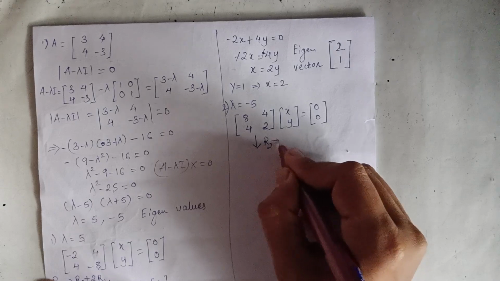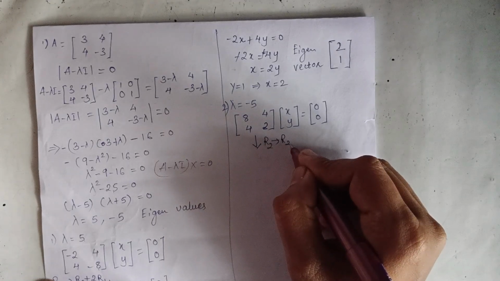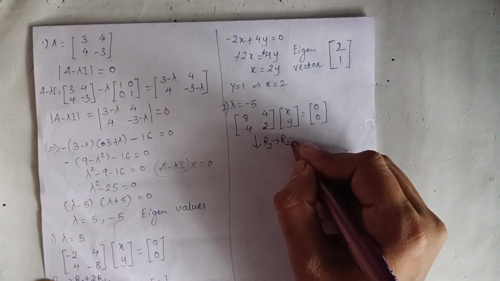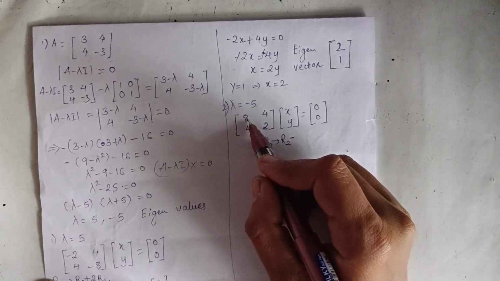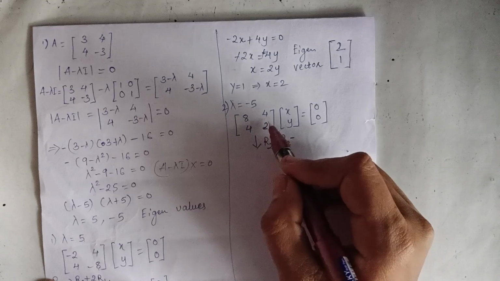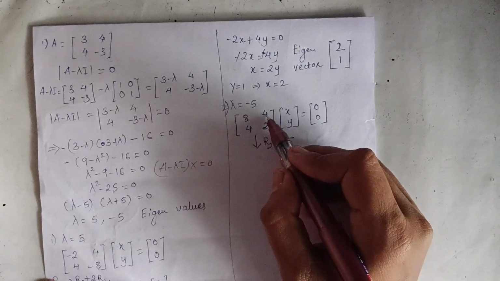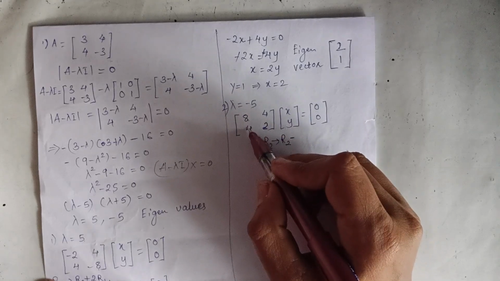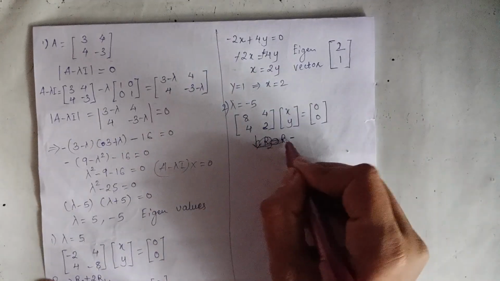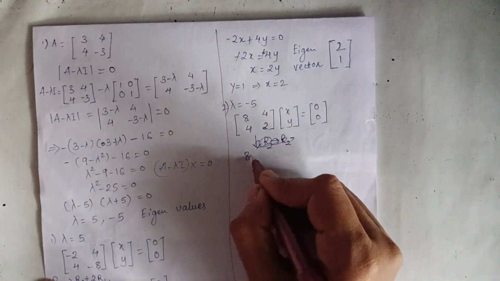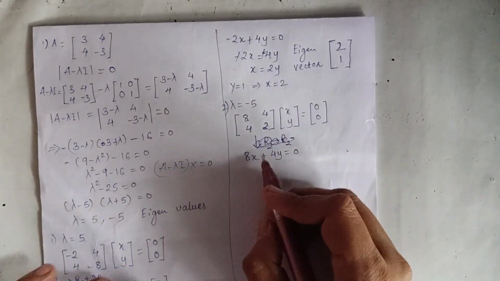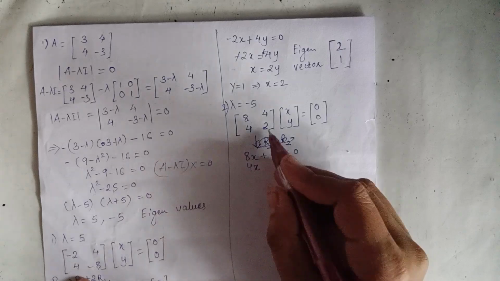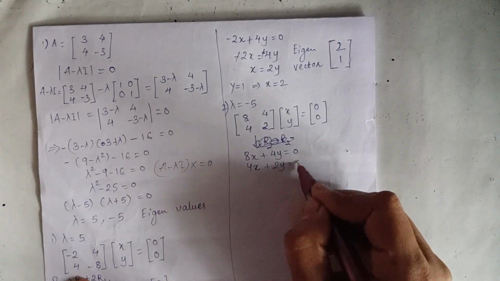R2 changes to R2. This will be 4 minus 8, you will get minus 4. Okay, 2 minus 4, you will get 2. So 8x directly you will add plus 4y equal to 0, and second equation is 4x plus 2y equal to 0.